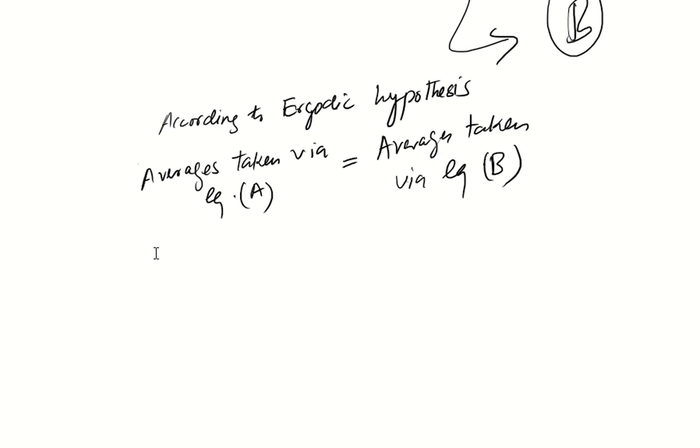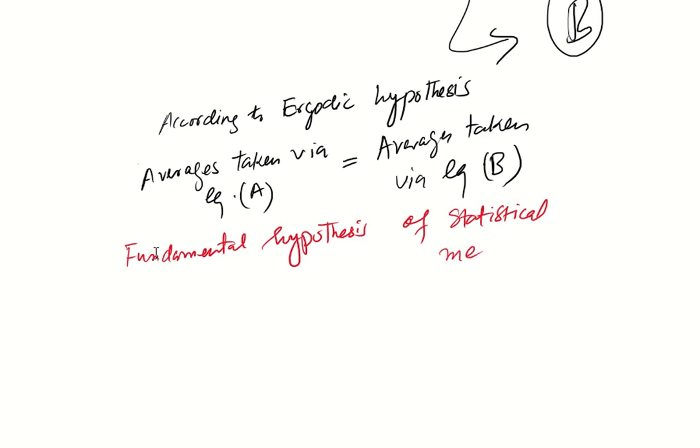I told you that the fundamental hypothesis of statistical mechanics is that a system has all the accessible microstates equally probable.